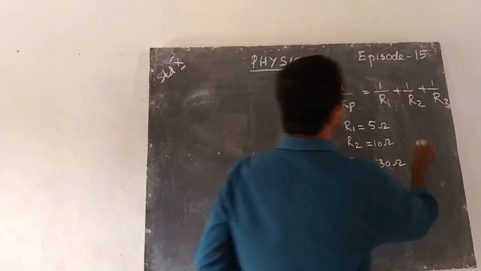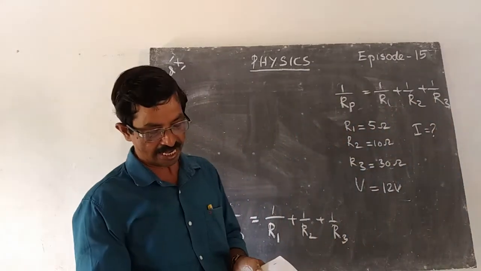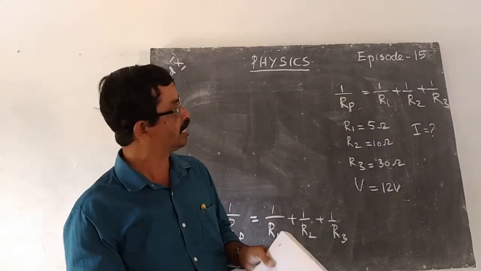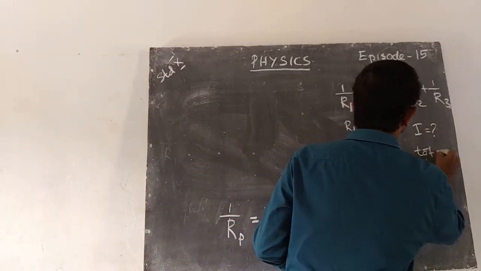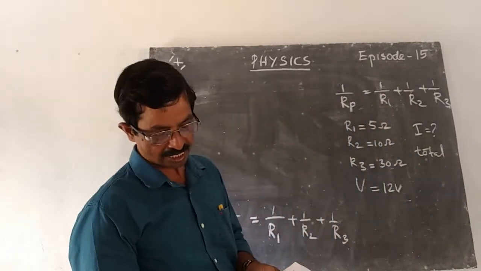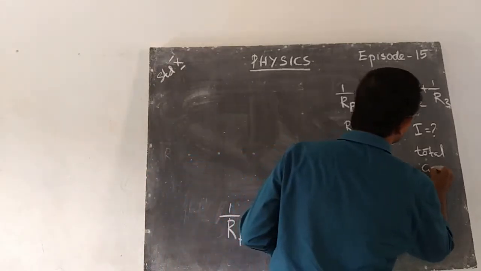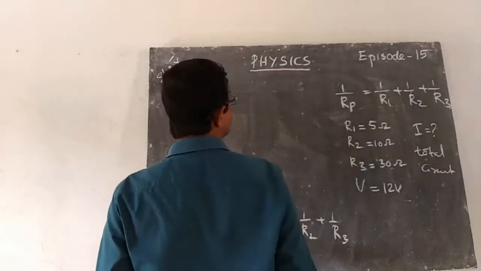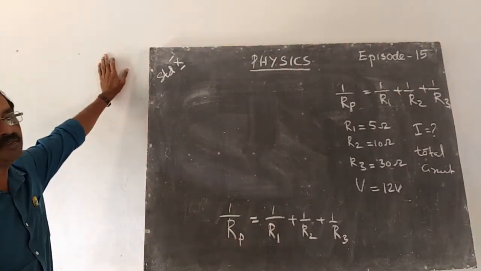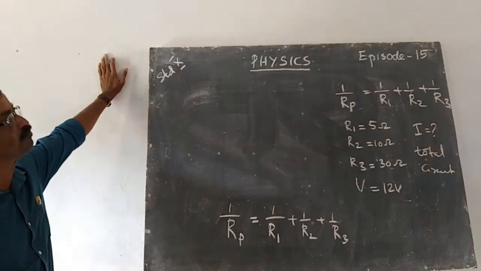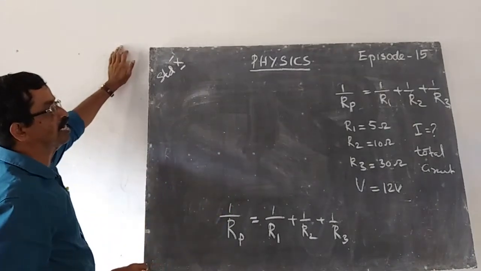That means first of all we want to find the current through each resistor, then the total current in the circuit, and then the total circuit resistance. Here R1, R2 and R3 are connected in parallel.